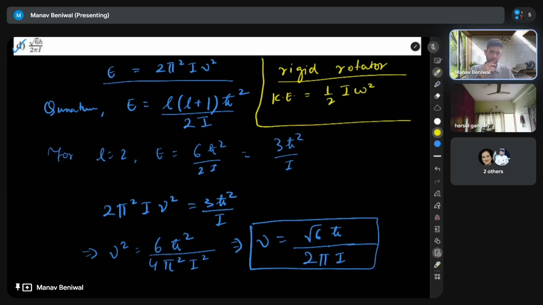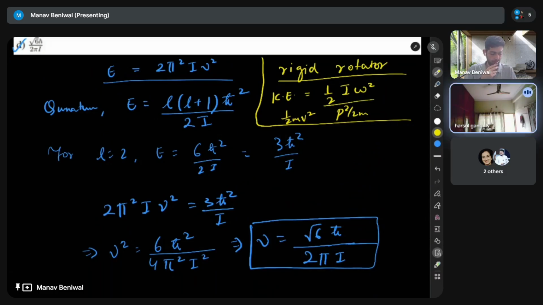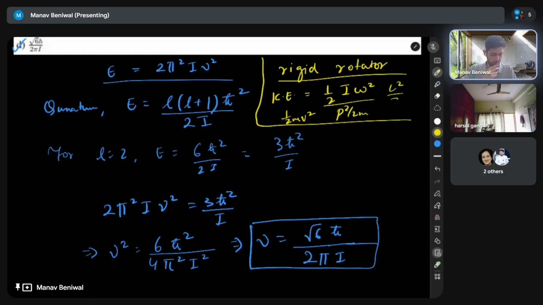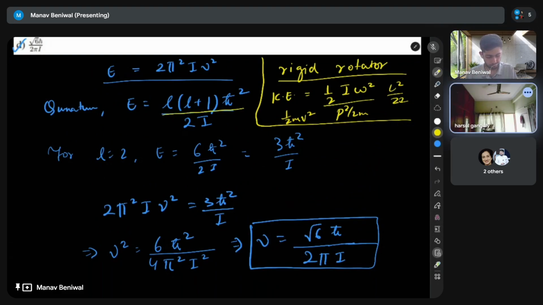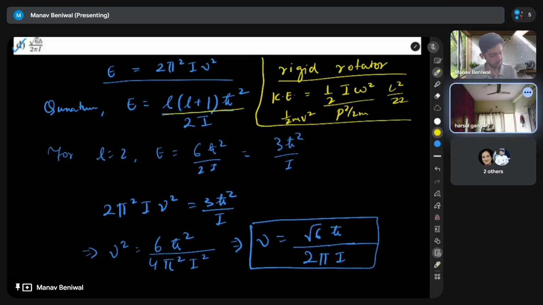If I now wanted to write it in terms of angular momentum, just like how we convert half m v squared to p squared by 2m, we can do the same thing here. L squared by 2I. So this numerator is nothing but L squared, and this is 2I. Okay, got it. Thank you, sir.